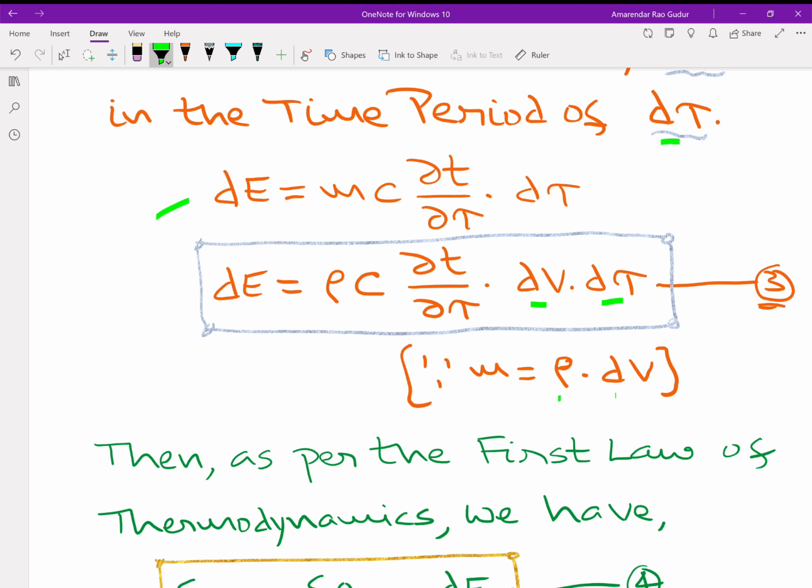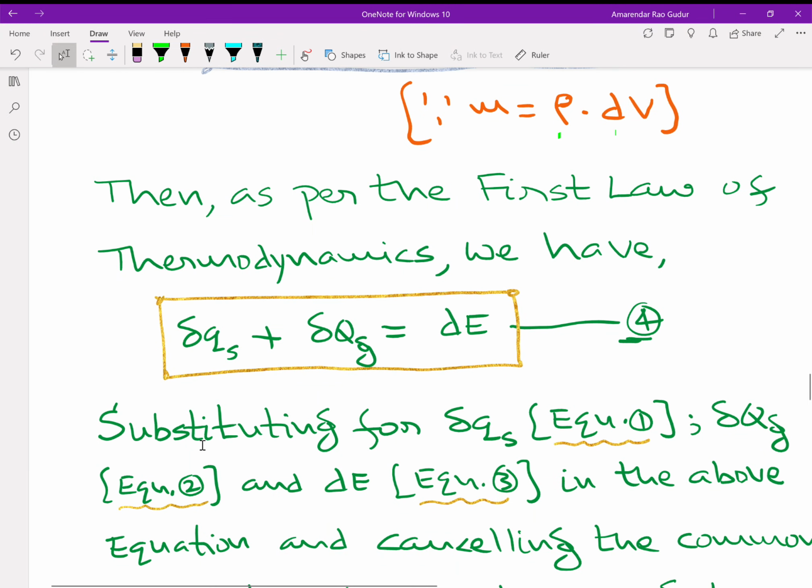Then as per the energy balance, this total energy stored due to conduction plus total energy generated should be equal to increase in energy of the element.